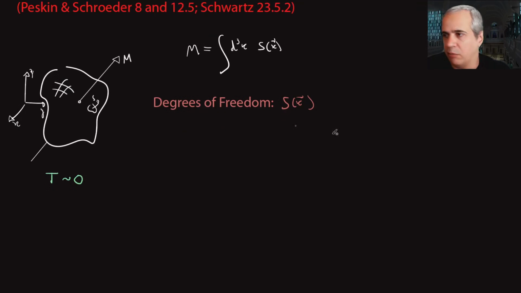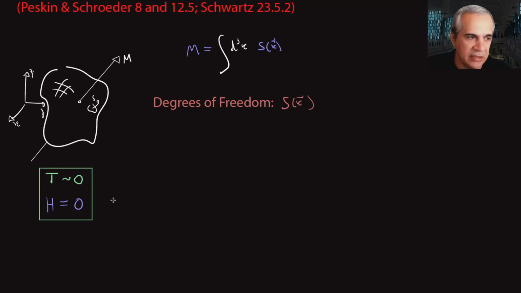I already defined this spin density or magnetization density, and I also want to define an external field, because I can force magnetization by putting this material under a strong external magnetic field. To start with, let's think this is not present. So I'm thinking of the situation where I have small temperature and 0 external field.